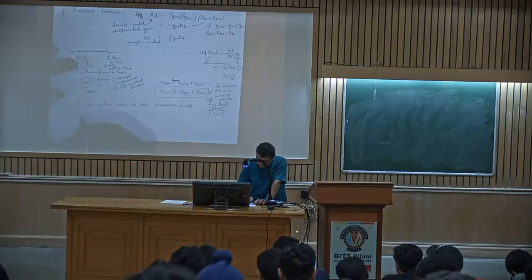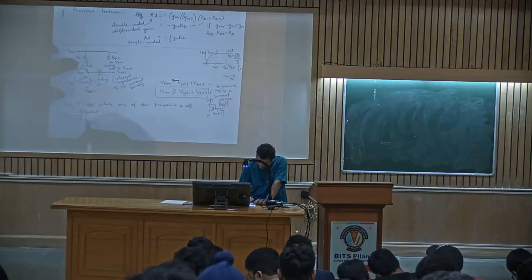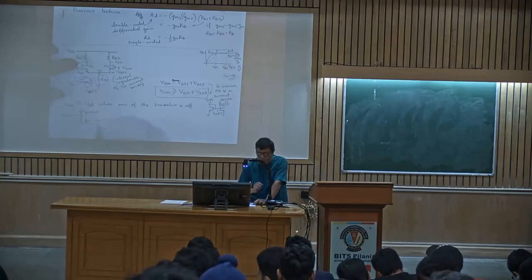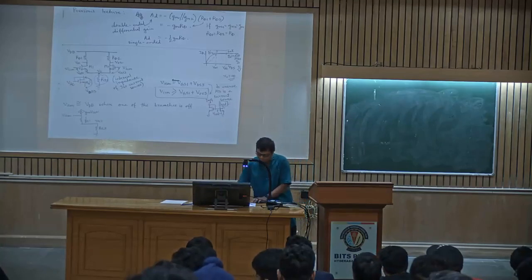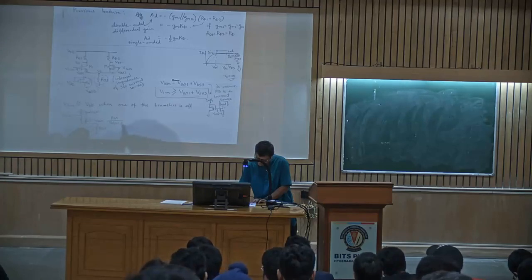One current will be there, gm1 VGS1, 1 by gm1, then RSS, and here we are having VS. What is the value of VS now? Simply RSS by RSS plus 1 by gm into VICM.